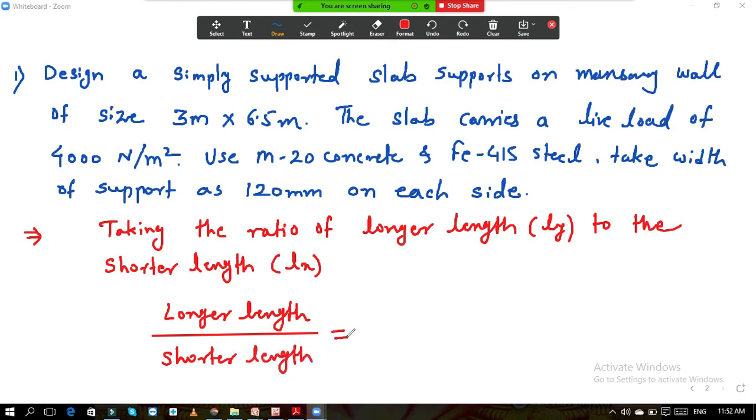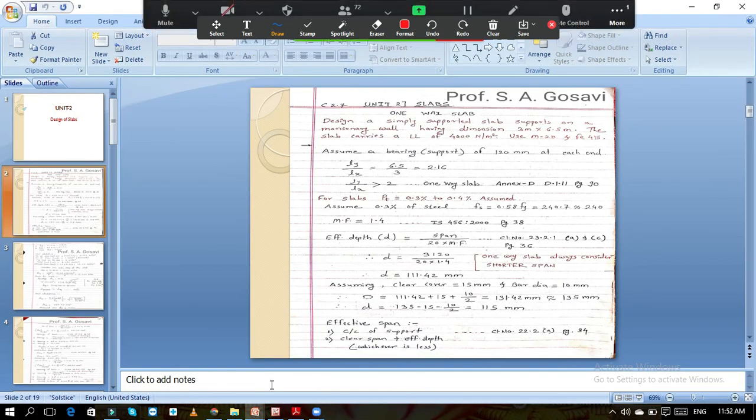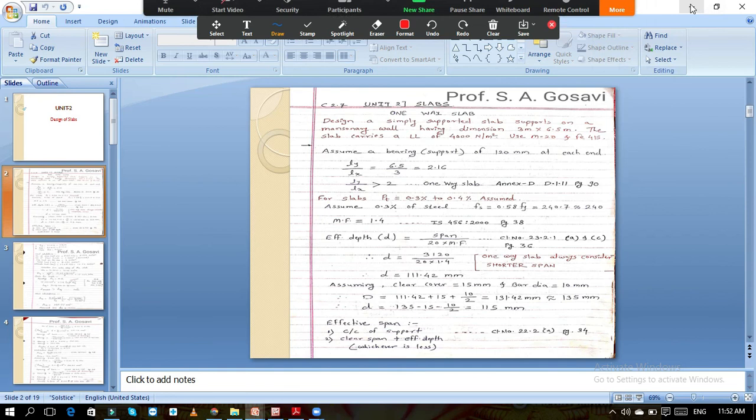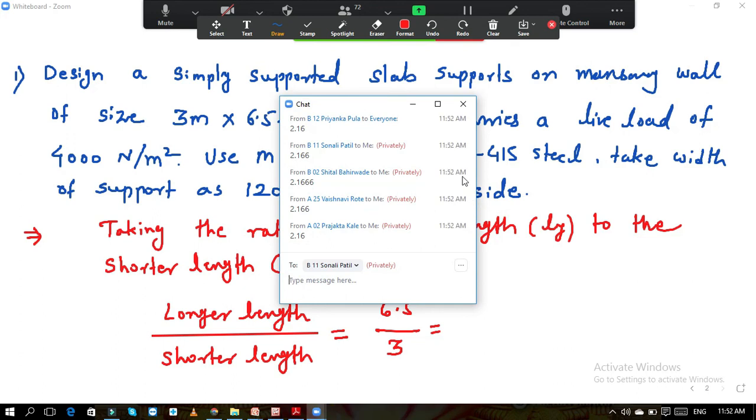is equal to. So the slab panel is of size 3 meter by 6.5 meter. So your shorter side is 3 meter, your longer side is 6.5 meter. So it is 6.5 divided by 3. What is the answer? So the answer is 2.16.